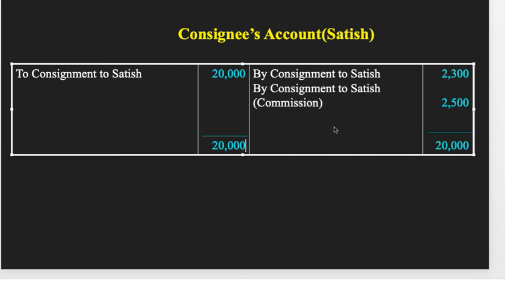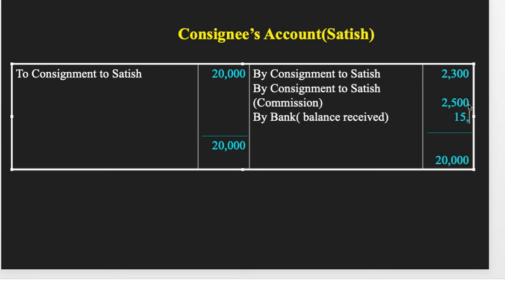That is by bank, in bracket you are going to write down balance received. Balance received is 15,200. I hope you have understood this problem.